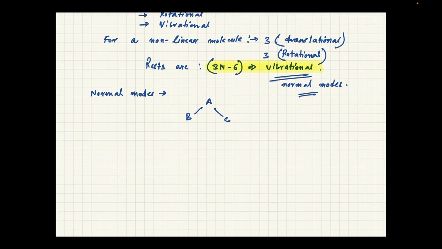This is important: for a normal mode, the center of mass of the molecule is fixed at a particular point, but the atoms can move independently. So for a nonlinear molecule, there will be 3n minus 6 vibrational normal modes, and for a linear molecule, there will first be 3 translational degrees of freedom, because the overall molecule can move independently in 3 directions, x, y, z, right?